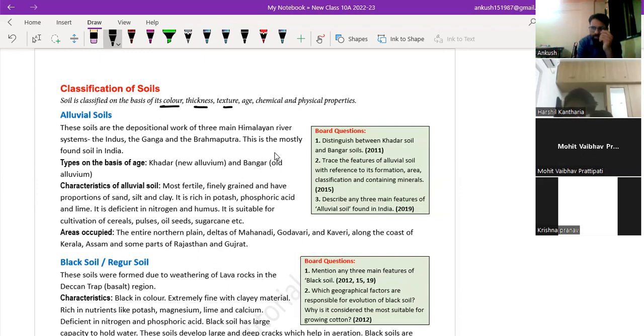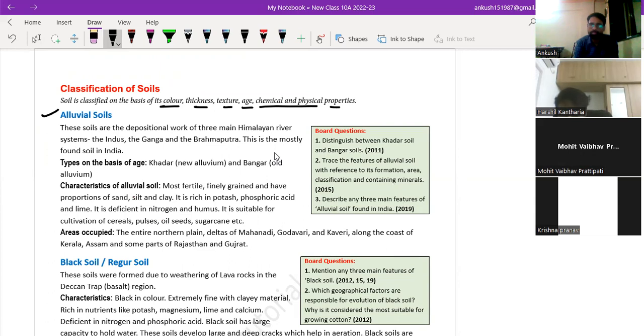Texture, whenever we touch it, its texture also matters there. Age, how many years that soil has not been used and what can it produce, chemical and physical properties. Upon these six things, oh sorry, five things, we can determine the classification of soil.